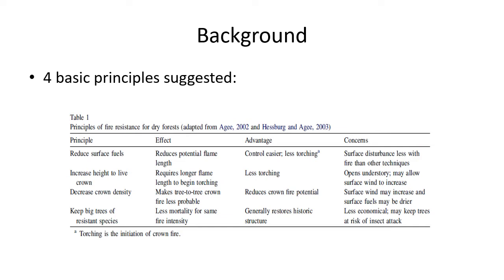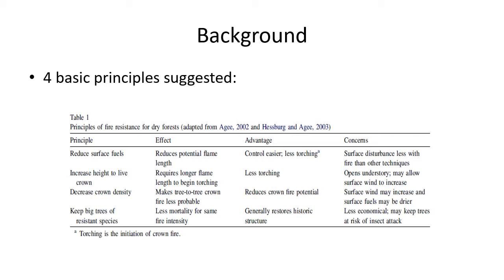Principle number two would be increasing height to live crown or increasing the stand level canopy base height. The main effect there is that it's going to make torching and crown fire transition more difficult. The next principle is to decrease the crown density, so make that tree to tree fire spread less probable.